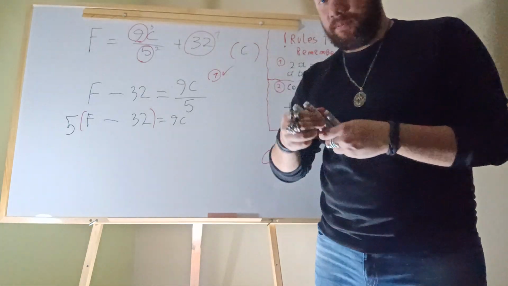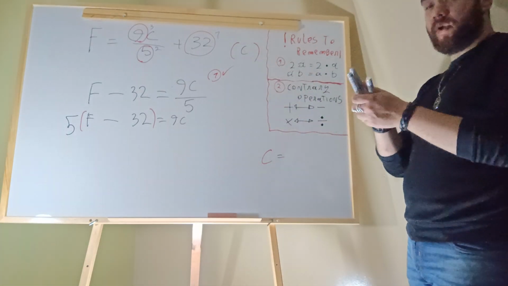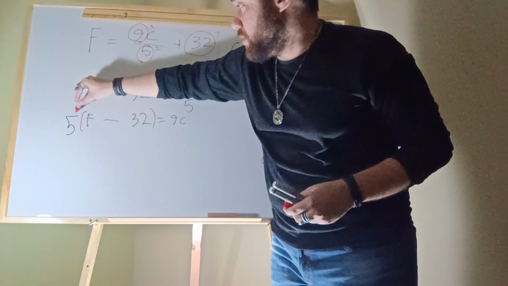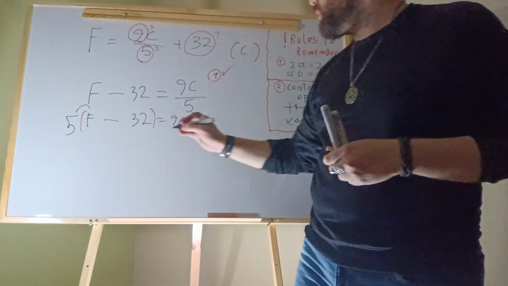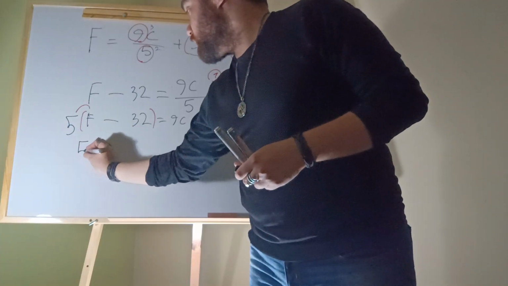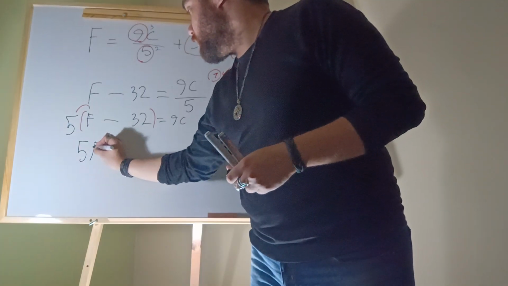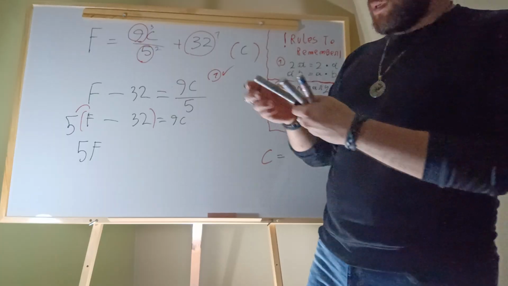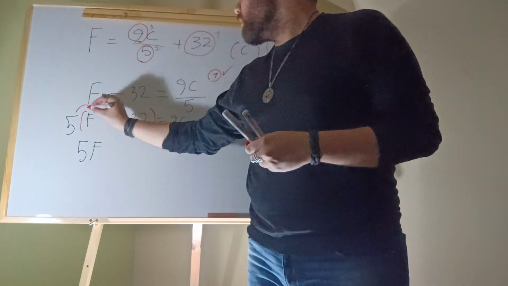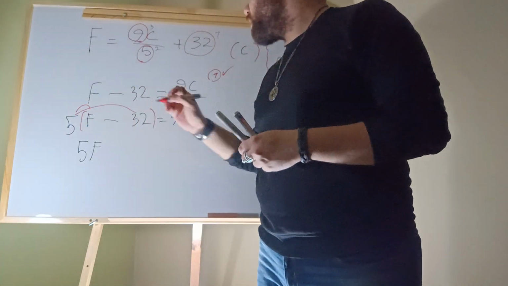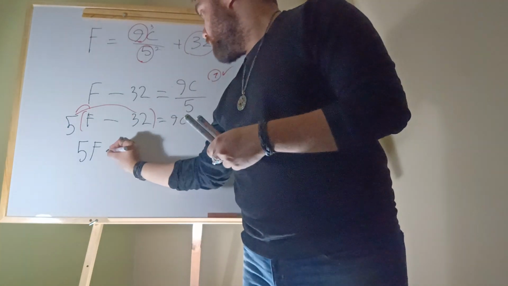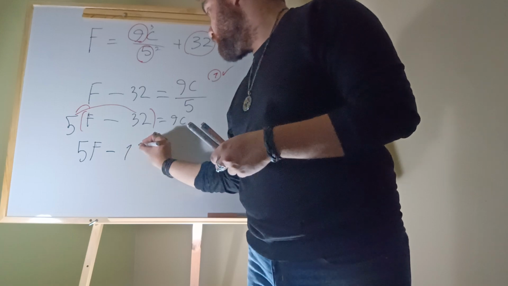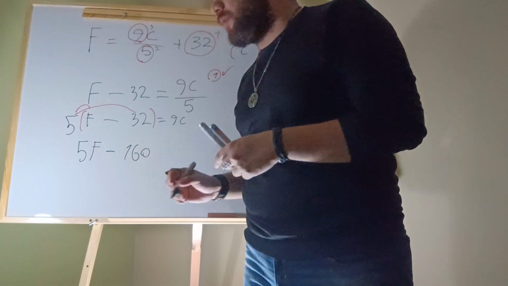La voy a resolver. 5 por f nos da 5f en este caso, y 5 por 32 nos da menos 160. ¿Ok?